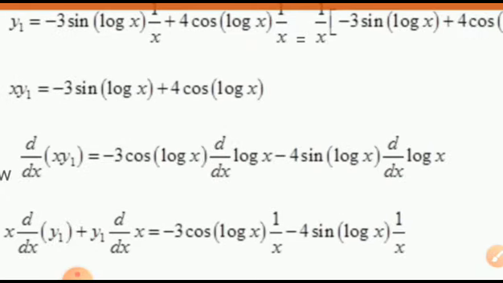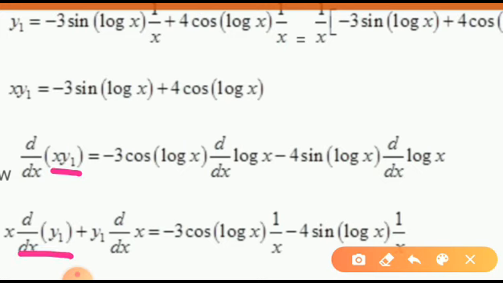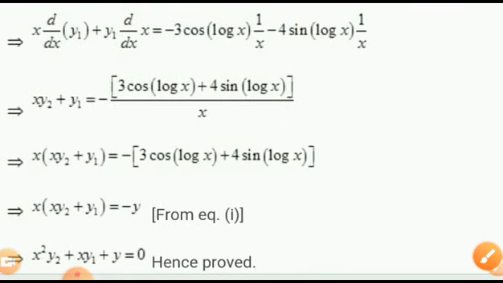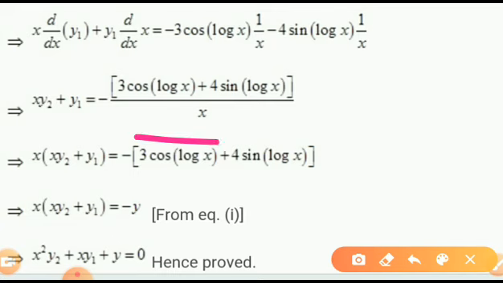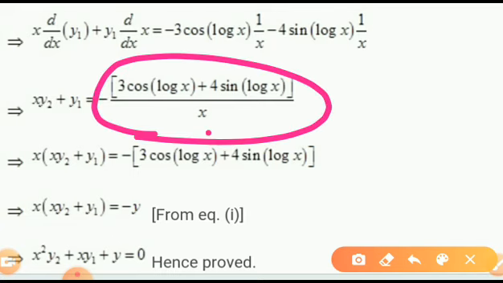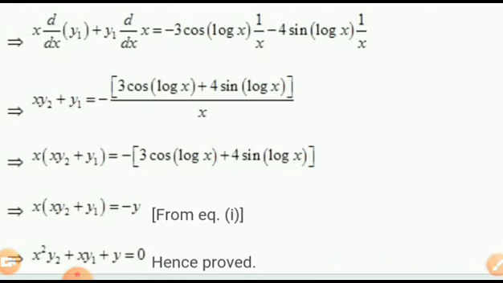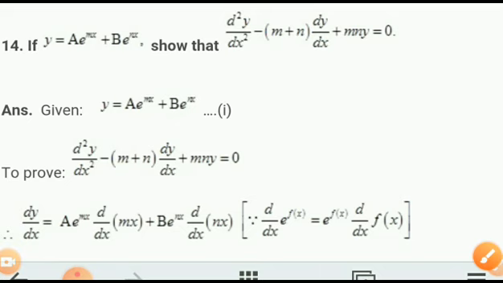And here make use of the u into v form: first into derivative of second plus second into derivative of first. Right hand side simplified, the left is x into y2 plus y1. Multiply x to the left hand side. So it is x square y2 plus x into y1 plus y equal to 0, and that is what we need to prove.